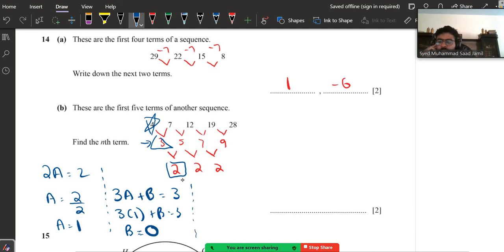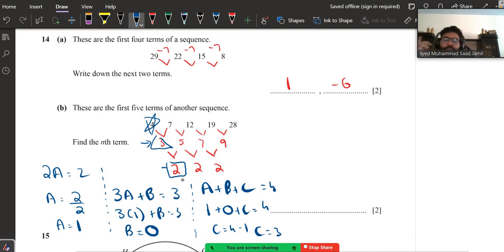And then you have the last term, which is the star. It means a plus b plus c, because you have a plus b plus c is equals to 4, right? So the value of a is 1, the value of b is 0, and we are finding the value of c. So c is equals to 4 minus 1, so c is equals to 3.